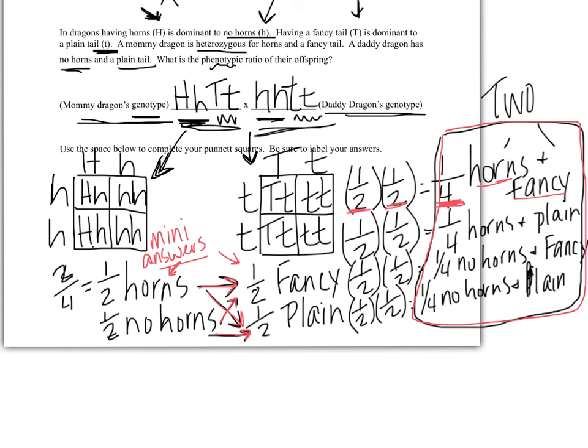Okay, so I think this way is much easier and quicker because you do two Punnett squares, you figure out mini answers, and then you let the math tell you what the actual answers are, as opposed to looking at 16 boxes and figuring out, does it have horns or not, fancy tail or plain tail, where here the math is just going to tell you the answer. So, yay math. All right, does that make sense? Do you get it?